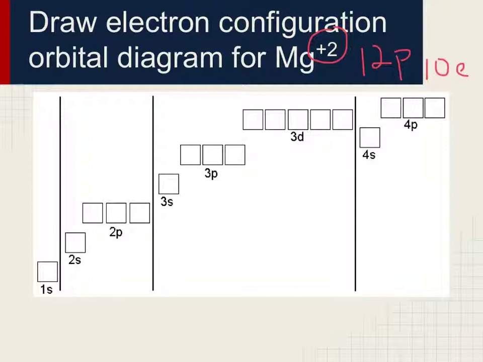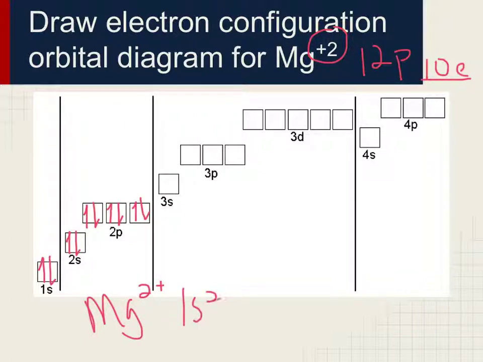So if we're drawing the electron orbital diagram for magnesium ion with a +2 charge, we're drawing it with 10 electrons. So here we go. Let's draw it with 10 electrons. And I'm done. So magnesium ion is 1s2, 2s2, 2p6. And that's it.